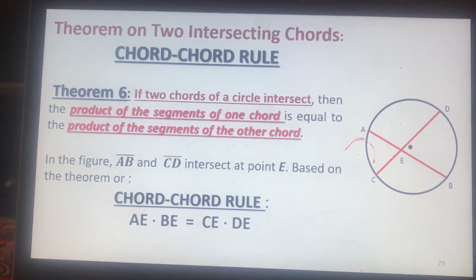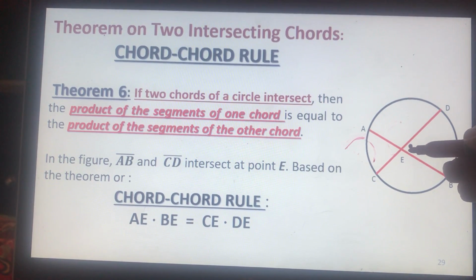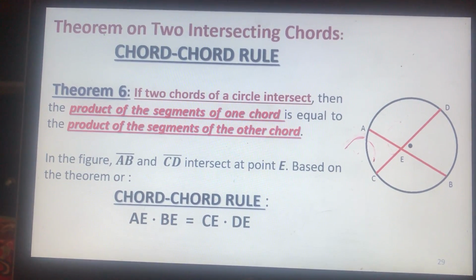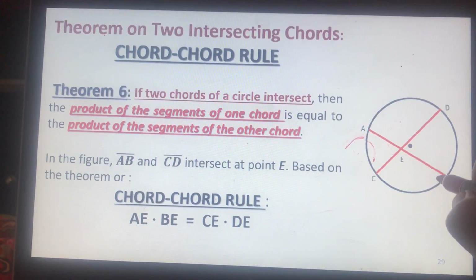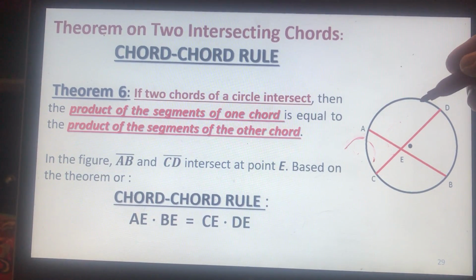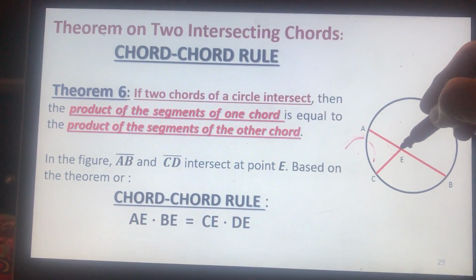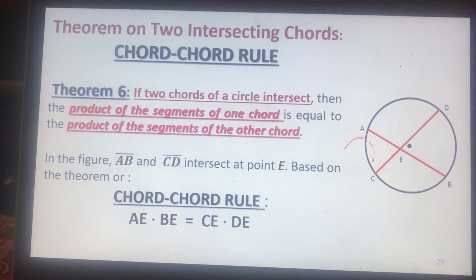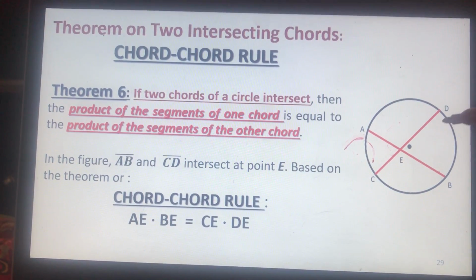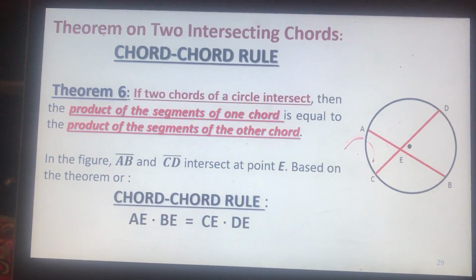So we have the intersection of the two chords in the interior of the circle. That means that line segment AB is divided into two smaller line segments, which are AE and BE. The same thing happens for CD. CD is divided into two smaller line segments, CE and DE.